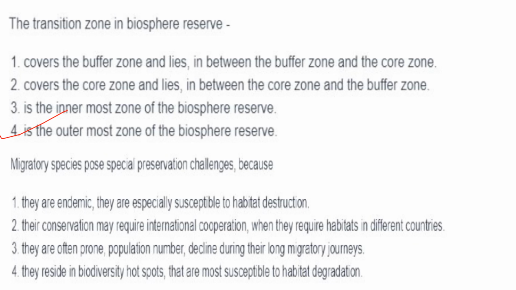Yes, they are migrating from one country to another, and they require habitats in different countries. So that is correct. They are often prone to population decline during their long migratory journeys. No. They reside in biodiversity hotspots that are most susceptible to habitat degradation. No.